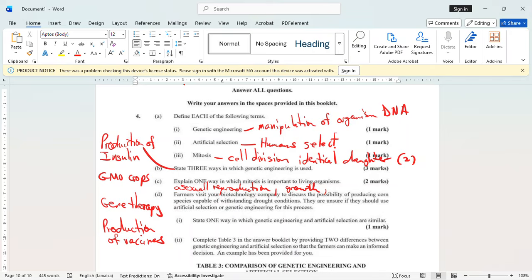Our skin cells are dying, and new cells are being created through mitosis on a daily basis. So growth, repair, and even asexual reproduction. Any one of these you could have listed to give you your importance.